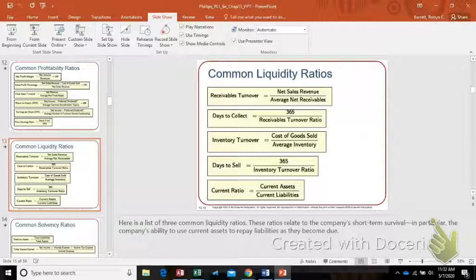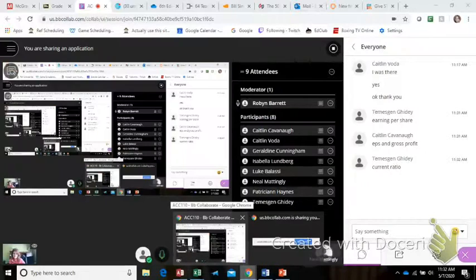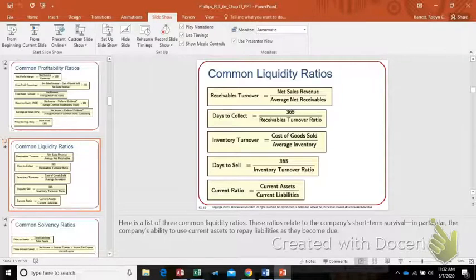Come on, someone's got to take a guess. All right, there we go. Yes, that is correct. Eskin said current ratio.